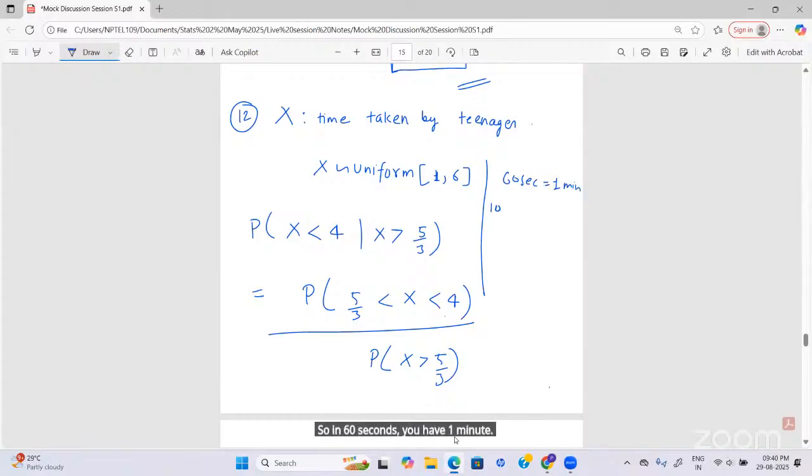So in 100 seconds, how many minutes will you have? It will be 1 upon 60 into 100, so that will be 5 by 3, or 1.67, you can take that also. Since 1 and 6 and this 4 are in minutes, we have to convert this 100 seconds into minutes. That's why I have written it like this.